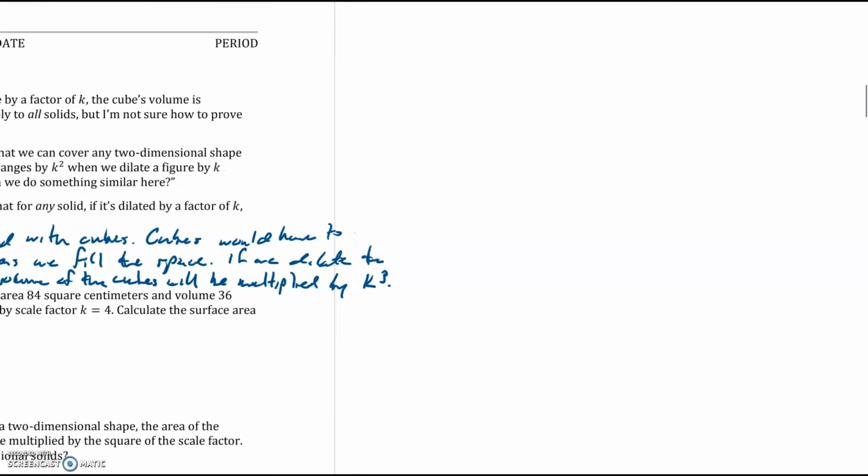So the total volume is the volume of each little cube: volume 1, volume 2, volume 3, all the way up to volume n, however many cubes you can fit in here.